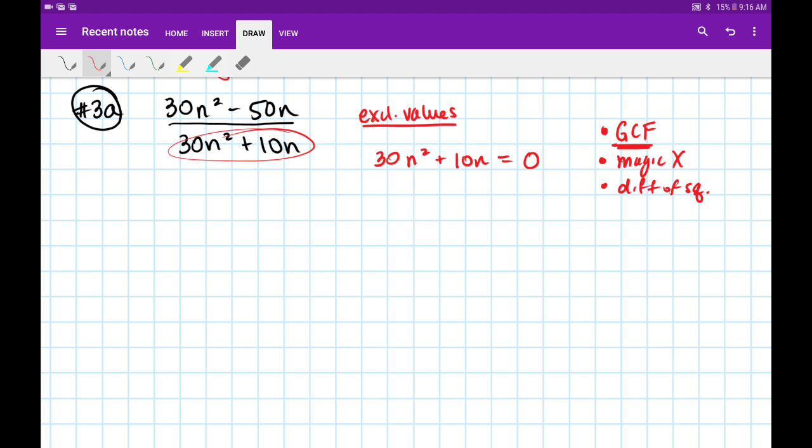In this case, I can do greatest common factor because I can take out a 10. I can also pull out an n, and I'll be left with 3n plus 1. Now by setting each factor equal to 0, I get n equals 0 and n equals negative 1/3. These are my excluded values.